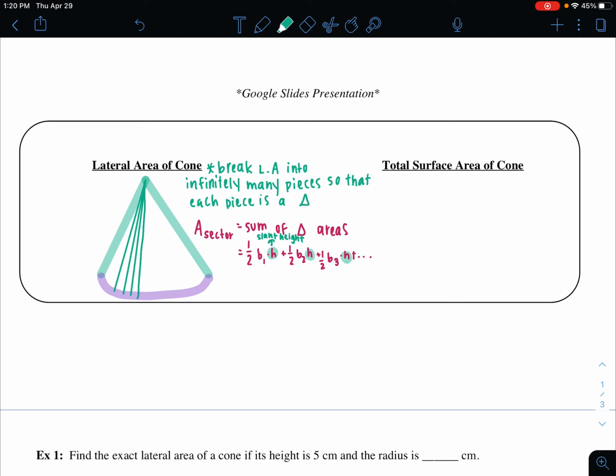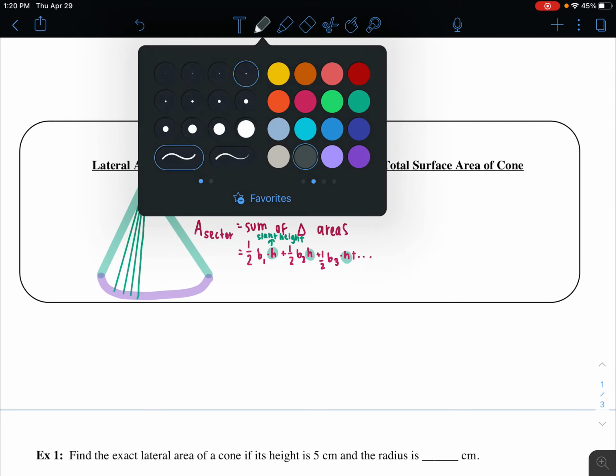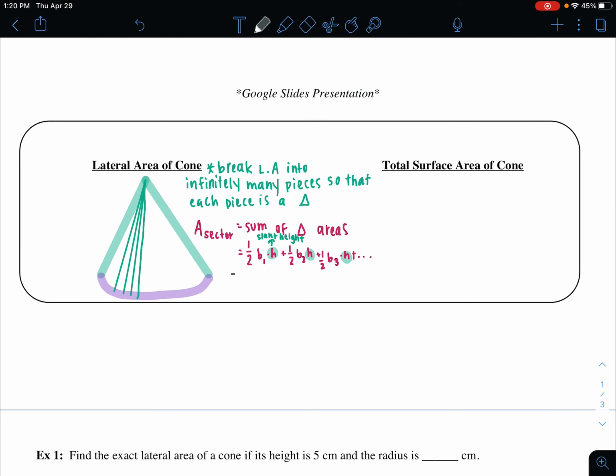So we can now redo our formula: 1/2 base 1 times slant height plus 1/2 base 2 times slant height plus 1/2 base 3 times slant height, and so on. Let's factor out a 1/2 and a slant height because they all include those. So we have 1/2, our slant height, and then all these bases added together.